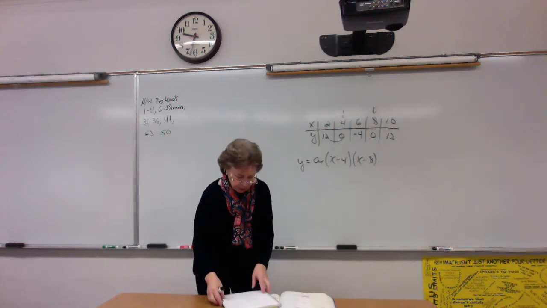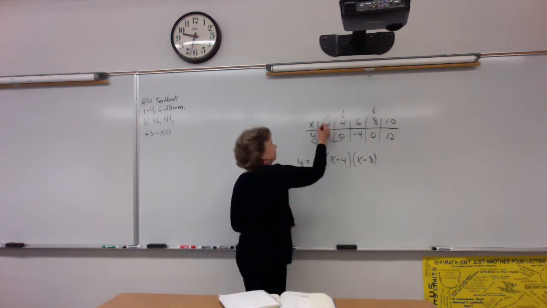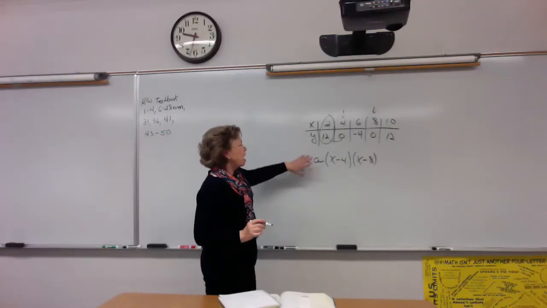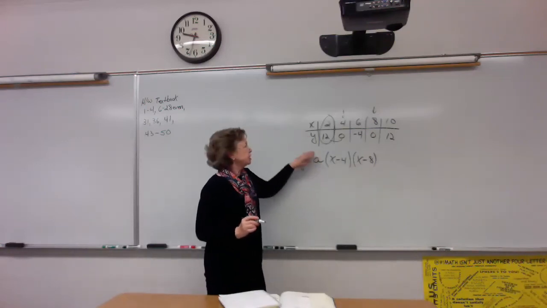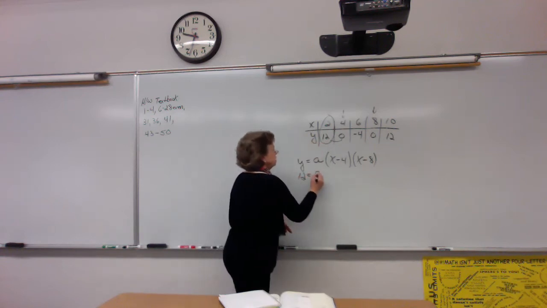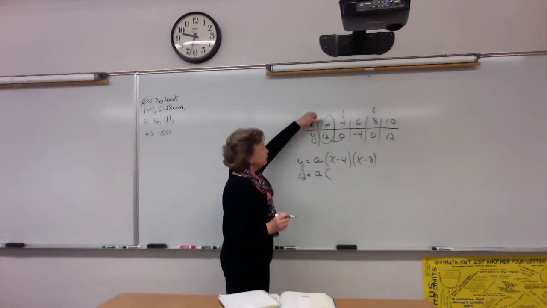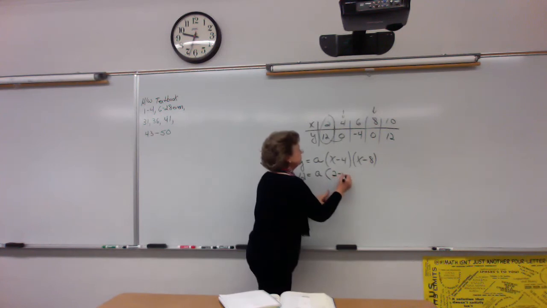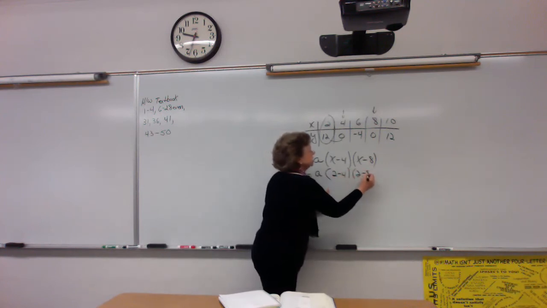So I think the one your book picked was 2, 12. They went with the first point. That means that where I see y in my general equation, I'm going to replace it with the y value. So 12 equals a times, we're using this point, so the x coordinate of that point was 2. So 2 minus 4 and 2 minus 8.